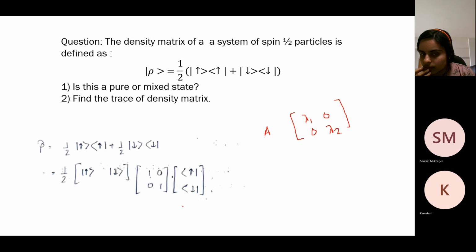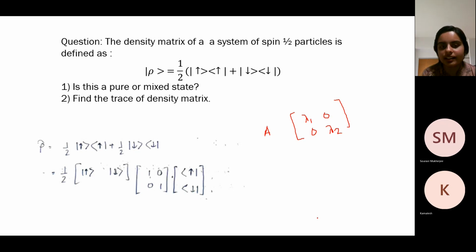Degenerate state. Okay. What do you mean by degenerate state here? Two energy levels with the same eigenvalue. Okay, so what you mean is that the eigenvalues are the same for both cases. That's what you mean by degenerate, right? That's correct.